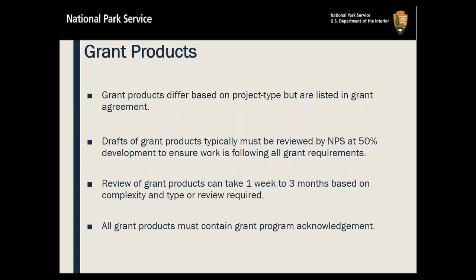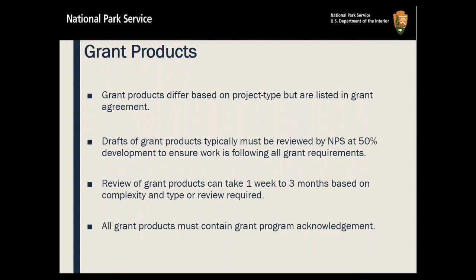Each grant has a different set of grant products that will be produced, but they are listed in your grant agreement. Again, drafts of grant products typically have to be reviewed by NPS at the 50% development mark. This way we can ensure that you're following all the grant requirements. And review of grant products can take 1 week to 3 months based on the complexity and type of the review.